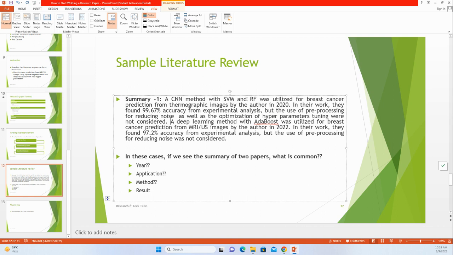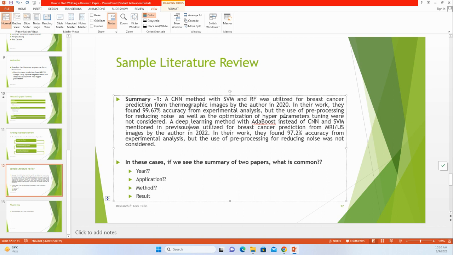In the first, CNN was used, but here, if I write that a deep learning method with AdaBoost was utilized instead of the CNN and SVM mentioned in the previous paper, you can write this way.